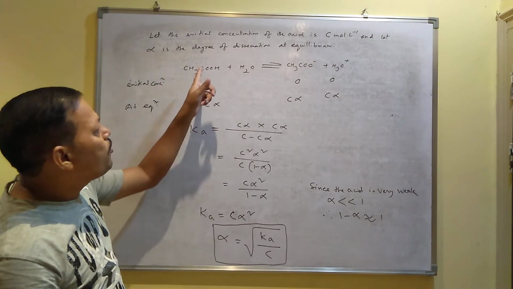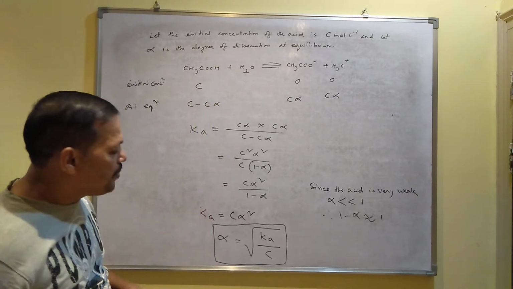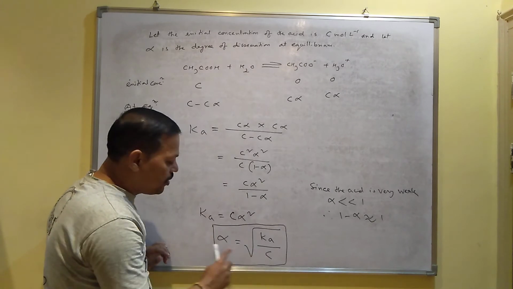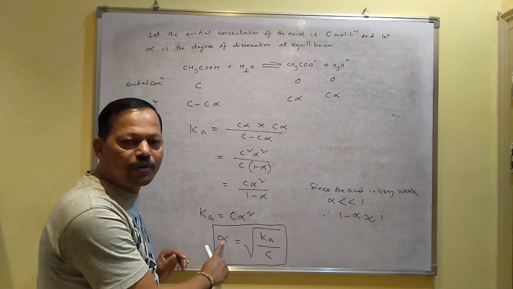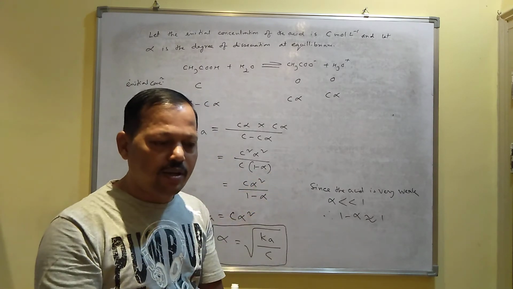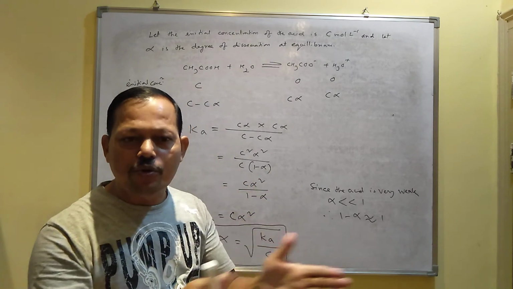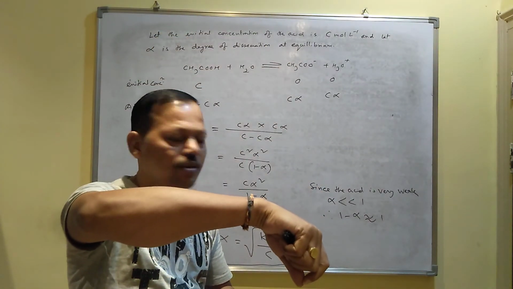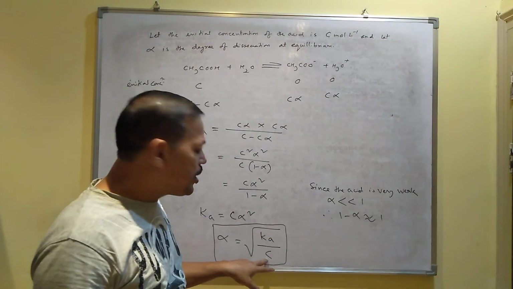Since the law is applicable for weak electrolytes, for weak acid, weak base, that means when you decrease the concentration, the dissociation will be more. I mean, suppose there is one weak electrolyte, you dissolve it in water, a little amount of molecules undergo dissociation. In that solution, when you add water, what about the concentration?